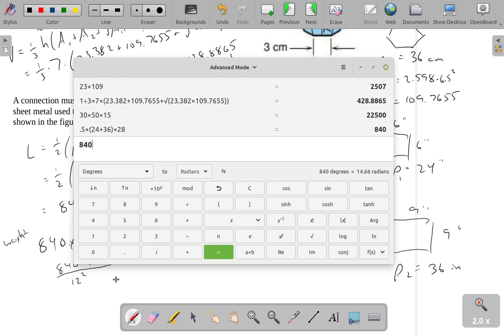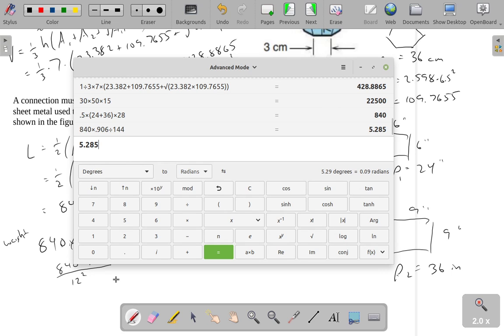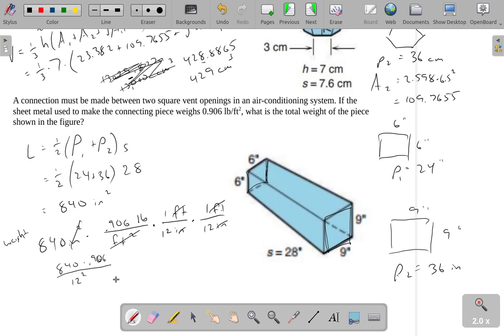So 840 times 0.906 divided by 144. 12 squared is 144. So we get 5.285. This is in pounds, looks like. That's the only units that survived my unit conversion there. It doesn't say where to round to, but you can see this is to 3 significant digits. I'm just going to leave it like this.